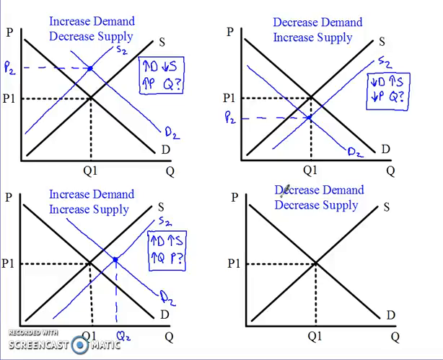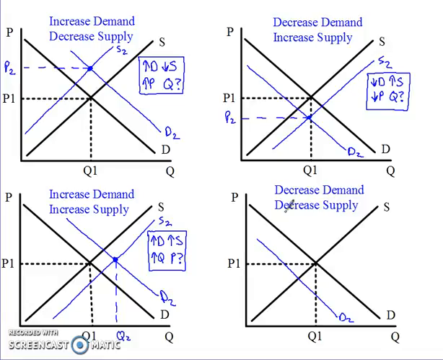Last one: decreased demand, decreased supply. That means demand shifts left and supply shifts left. Both curves are going to shift to the left. Let's draw it up. Decreased demand means demand goes left, so there's our new demand curve.